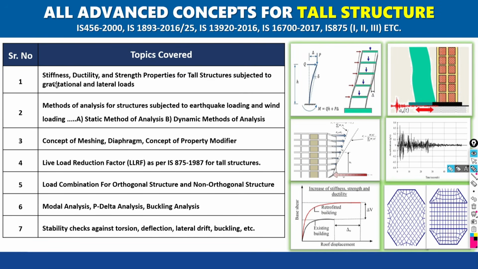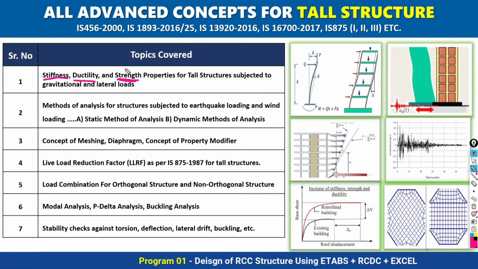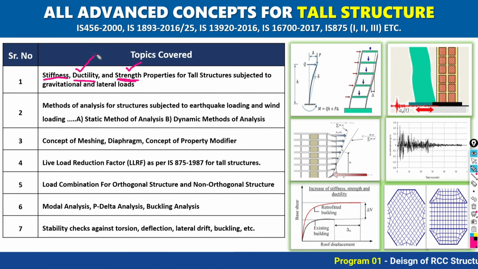While you do the framing, the modeling, and choose the material property, you have to make decisions so that your project has proper strength, proper ductility, and proper stiffness. These things should be in proper proportion.